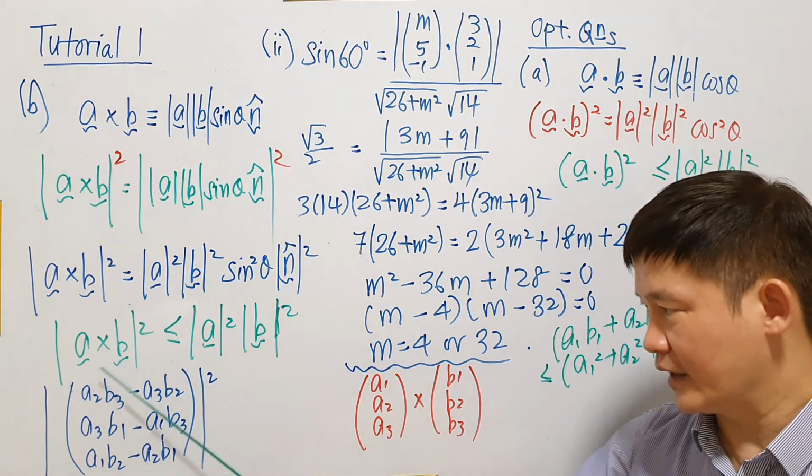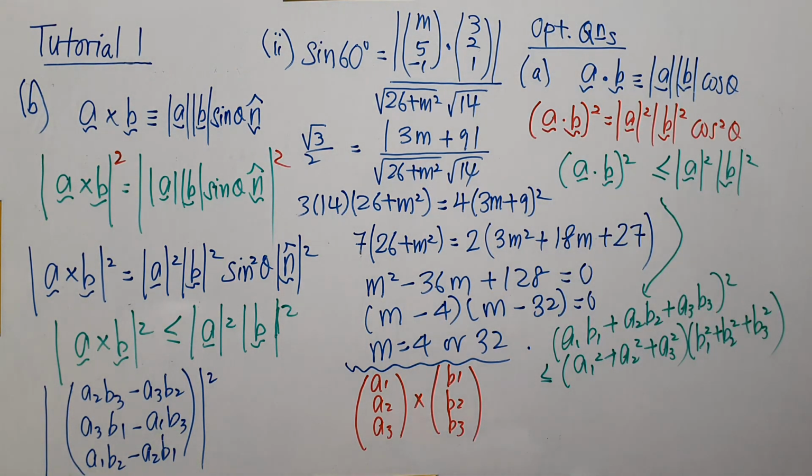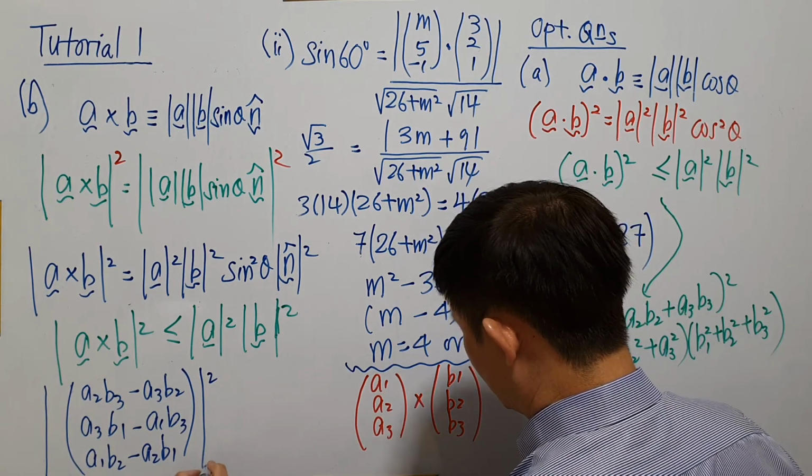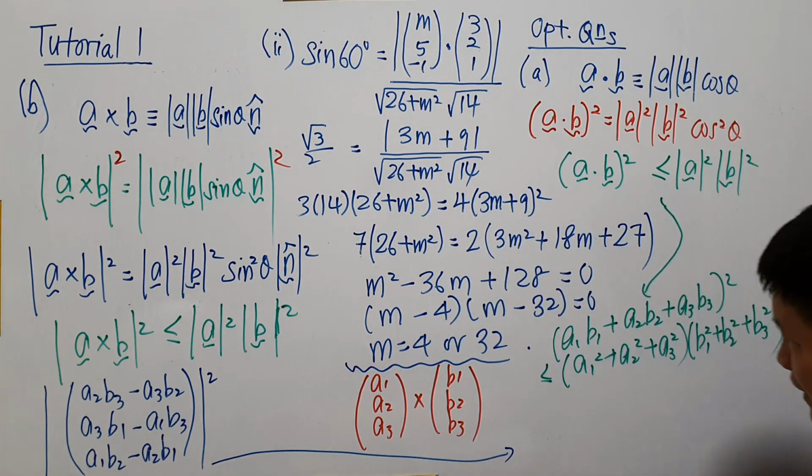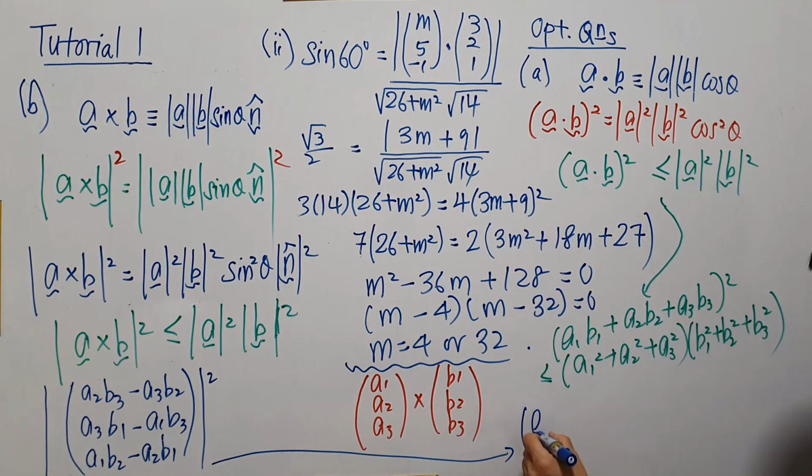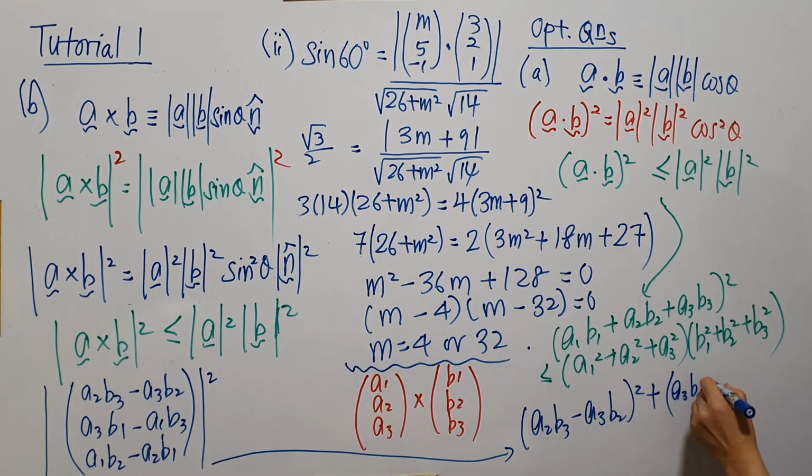So this left hand side is exactly what is needed on the left hand side of the required proof. If I may write here again, this one is exactly the same as A2B3 minus A3B2 squared plus A3B1 minus A1B3 squared plus the last one is A1B2 minus A2B1 squared.